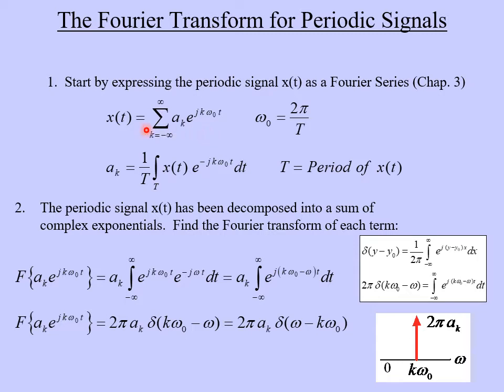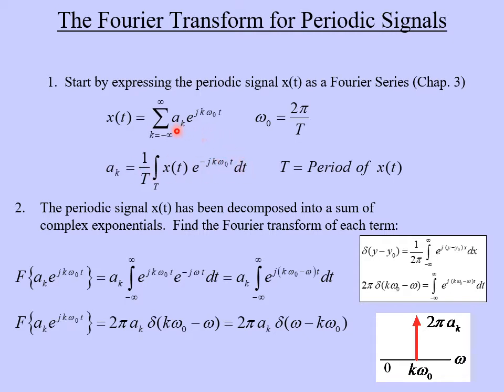So the idea here is that our signal, which is periodic, x of t, is represented as a sum of a bunch of terms. And each one of the terms has a sub k, which is just a Fourier coefficient. And remember, those Fourier coefficients can be determined using this integral here.